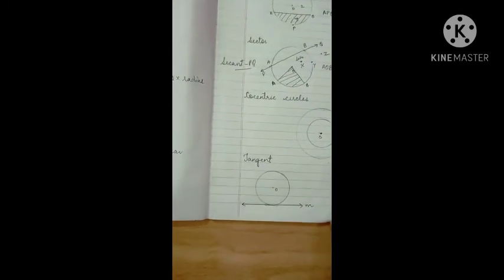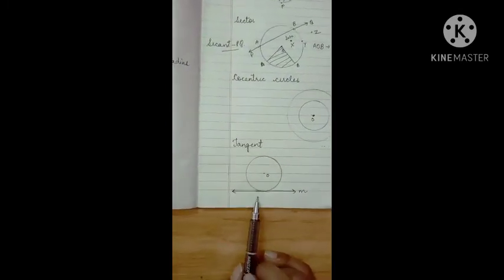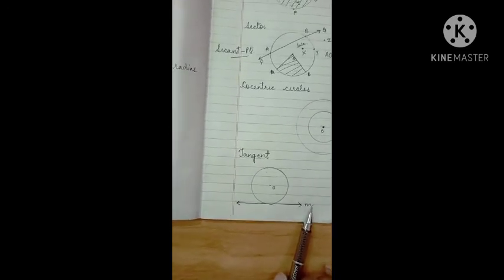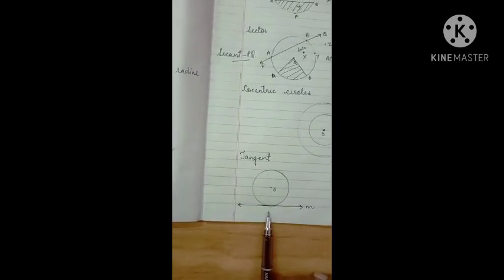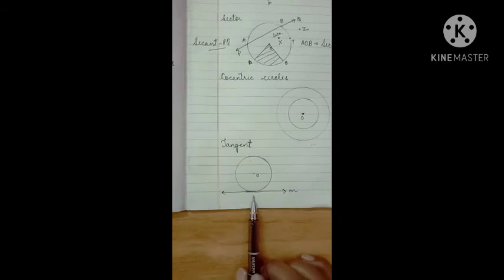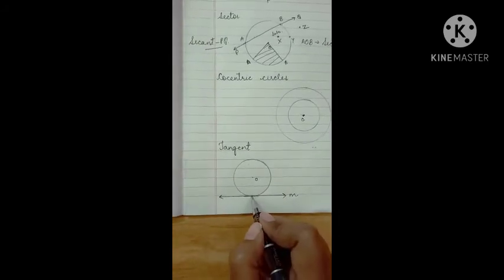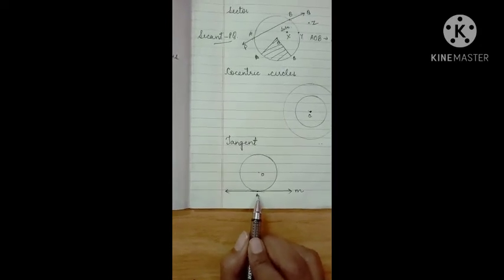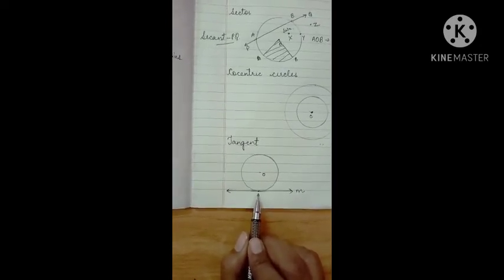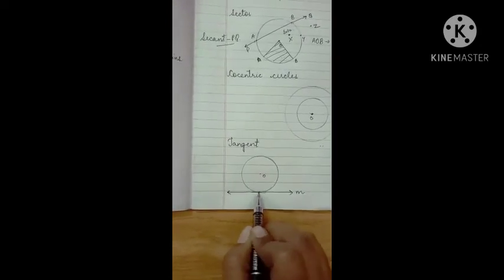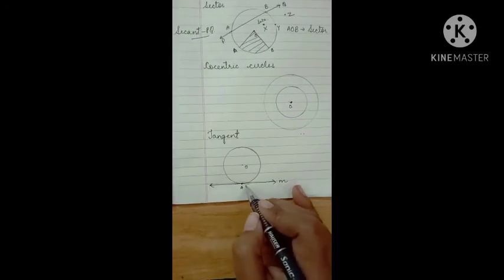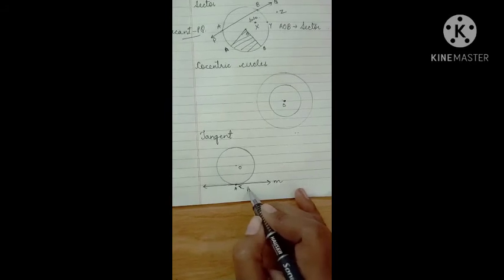Now what is a tangent? A tangent is a line in the same plane as a circle that intersects it at exactly one point. The point where the tangent and a circle intersect is called the point of tangency, or you can say point of contact.